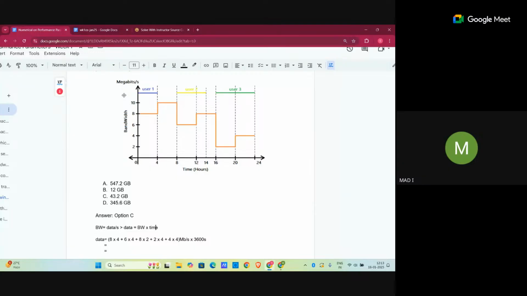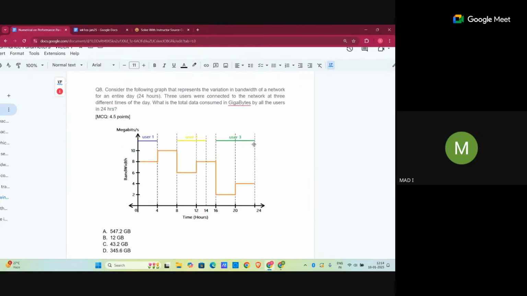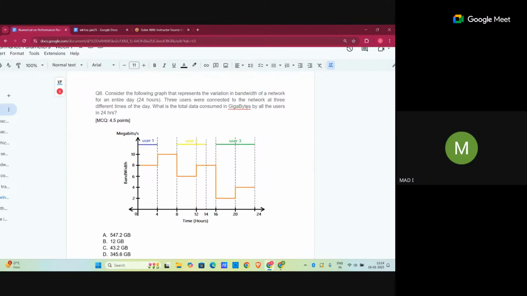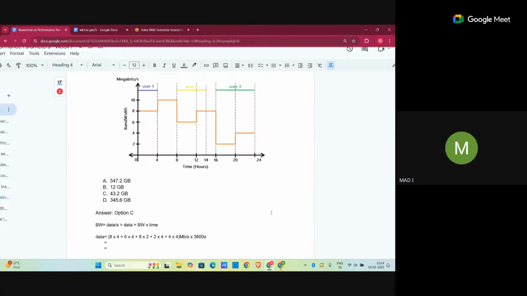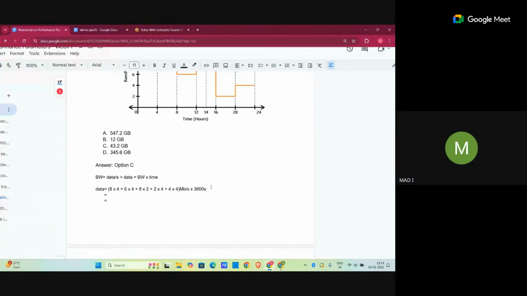The bandwidth was given in megabits per second, and the time is given in hours. What is 1 hour? 1 hour is equal to 3600 seconds, right? So we multiply it by 3600. Now this second gets cancelled. Now this is megabits, but the data consumption is asked in gigabytes.